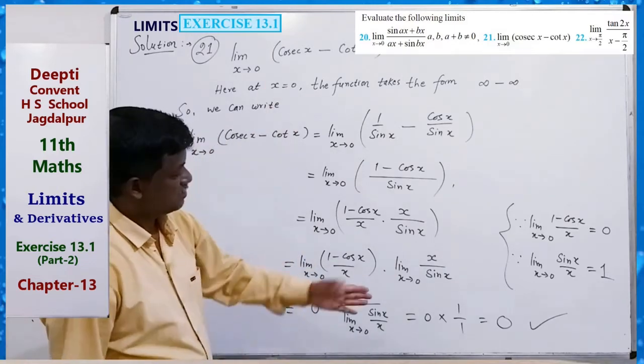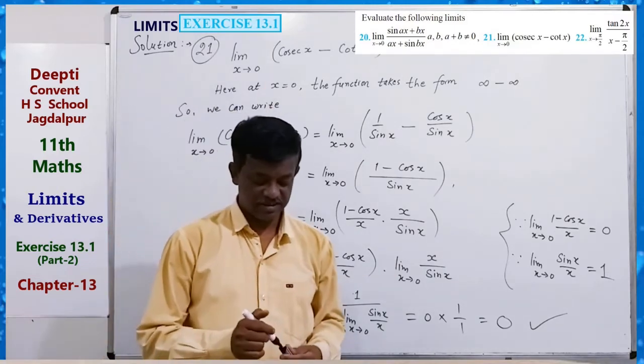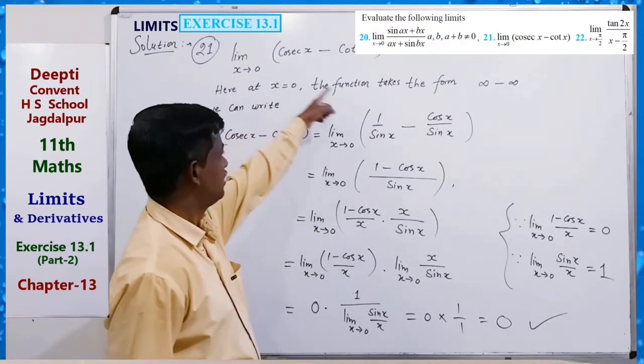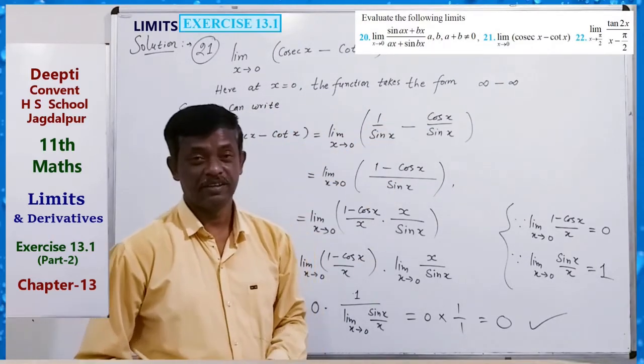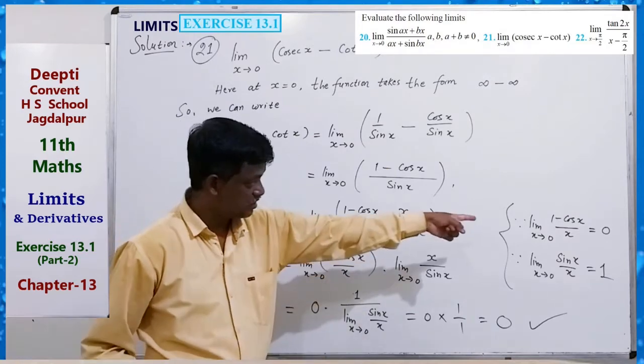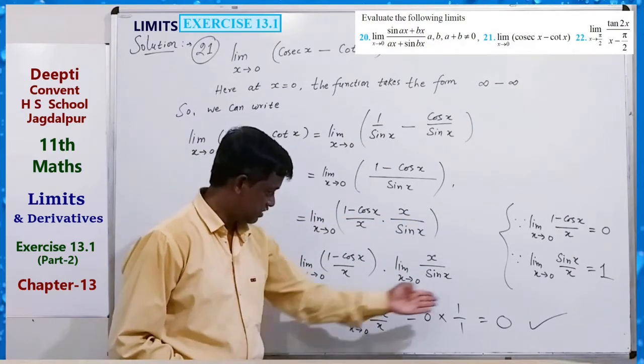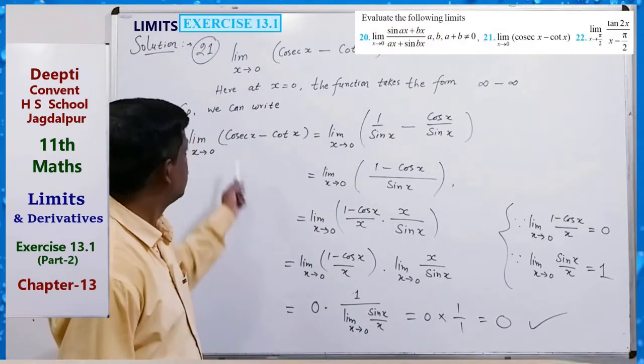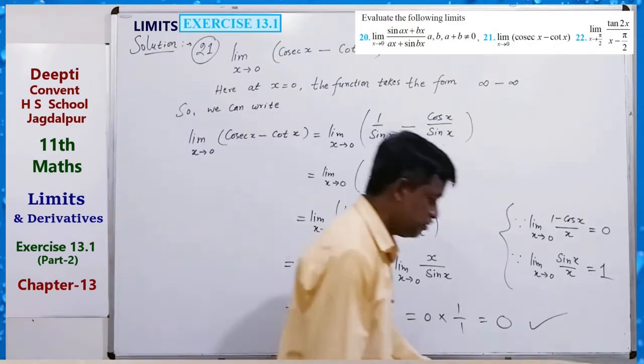So we could get its limit as 1. But in the given form, it is an infinite form, so we are doing it like this, using this formula. We can get the limit as 0 for question 21.